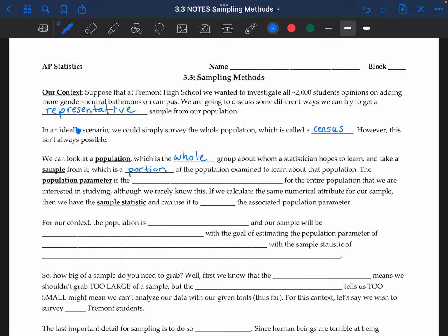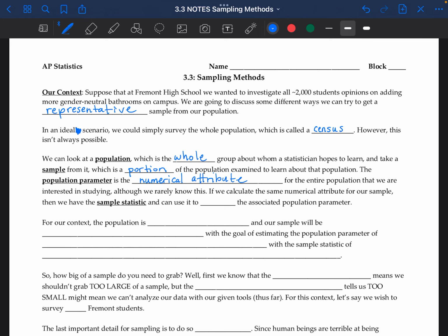We've discussed a little bit about parameter versus statistic. Here we're going to really lock it down. A population parameter is what we call the numerical attribute, a number that we're interested in for the whole population. It could be average height, average weight, average exercise time, average study time.